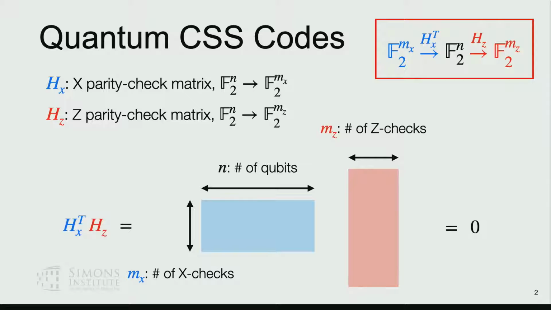Here we have three vector spaces and these two linear maps that come from Hx and Hz. And this condition below is exactly saying that when you compose these two maps, it becomes 0. There's a fancy name for this, which is called a chain complex. So later on, if you see these linear maps, they always have this property: when you compose twice, it's 0.